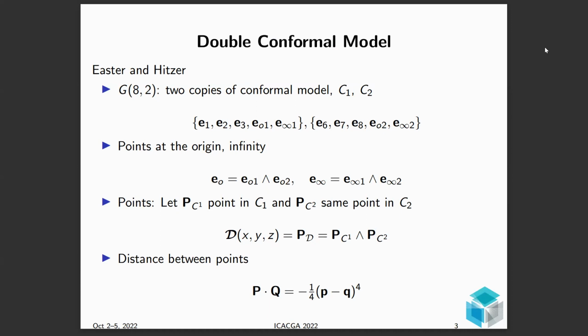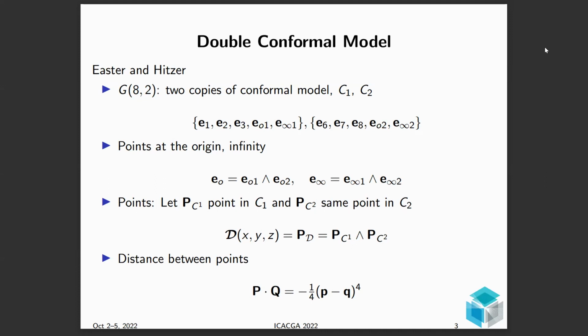But the double conformal model also has its own point at the origin and point at infinity. It's just the outer product of the 2 points at the origin and the outer product of the 2 points at infinity. Then we define points in the double conformal model by taking the same offset vector in each of the 2 conformal geometries to construct the points, and the outer product of those 2 points is a point in the double conformal model.